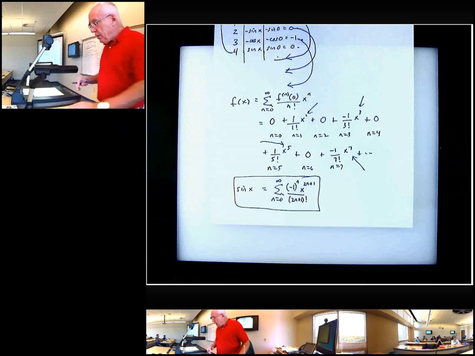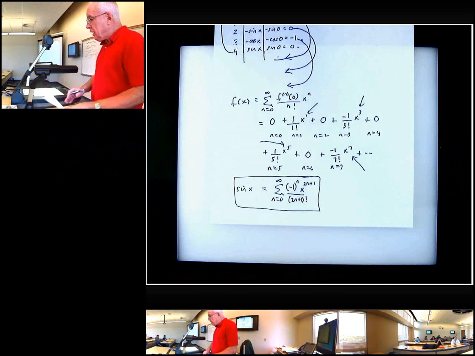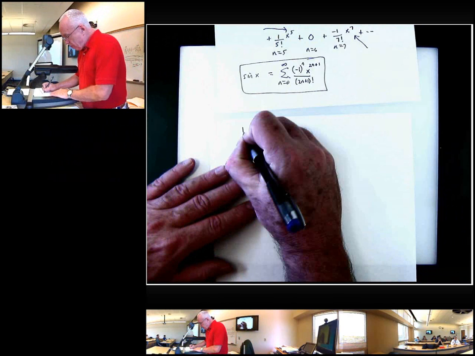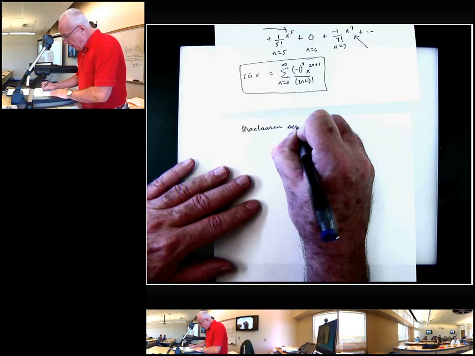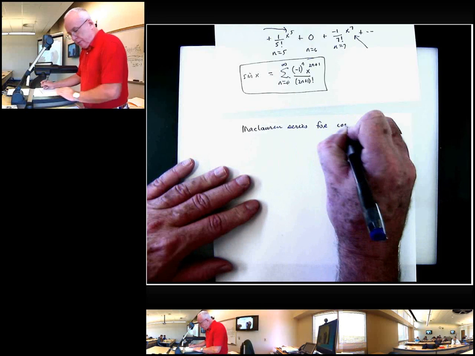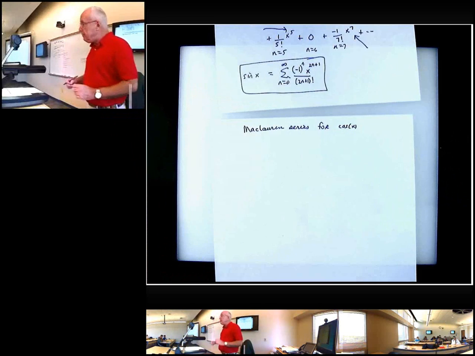All right, and then I'm not going to go through it, but similarly, we can get the Maclaurin series for the cosine of x. The cosine is only going to have the even powers.